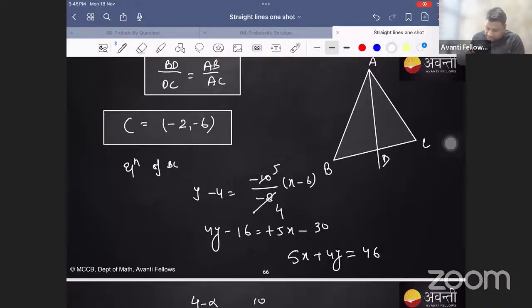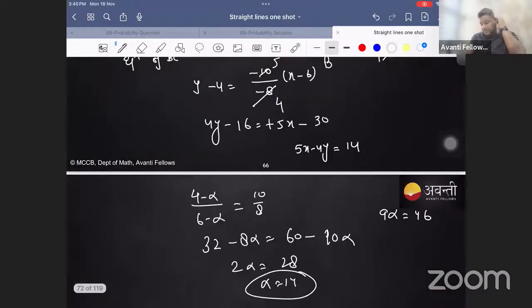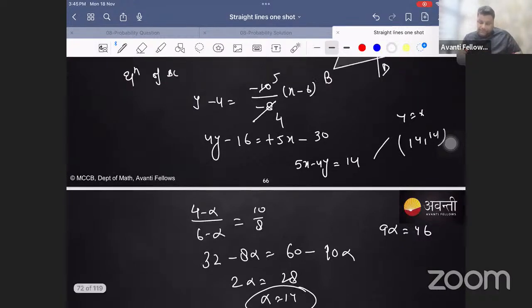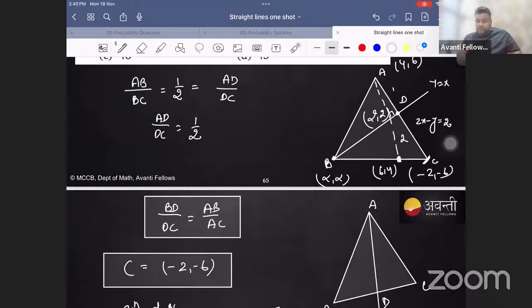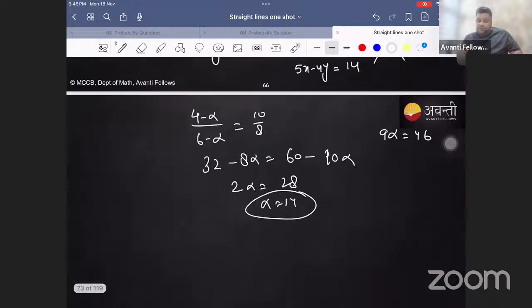This is what I was mistaken about. So from this value, 5x minus 4y is 14. Now if you put y equal to x, you will get (14, 14). Means alpha is 14 and beta is 14. They're asking for alpha plus 2 beta, so 14 into 3, 42 is the correct answer.